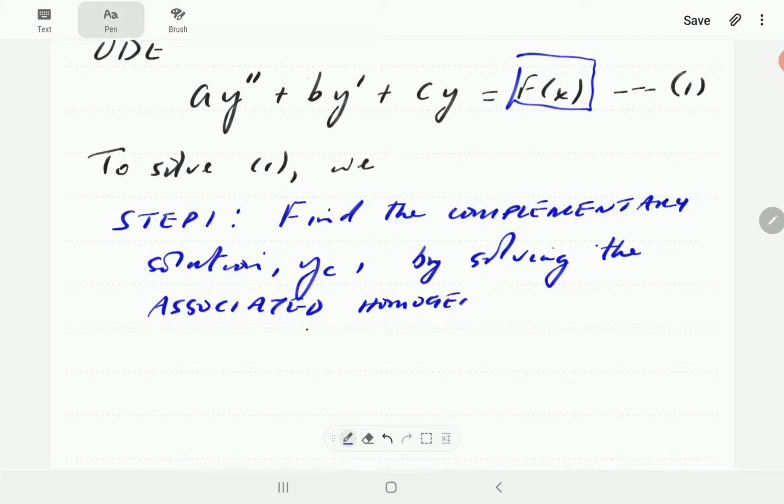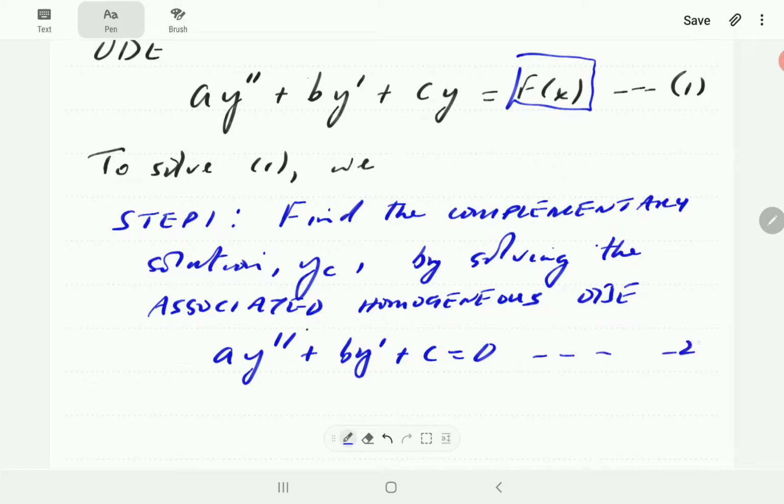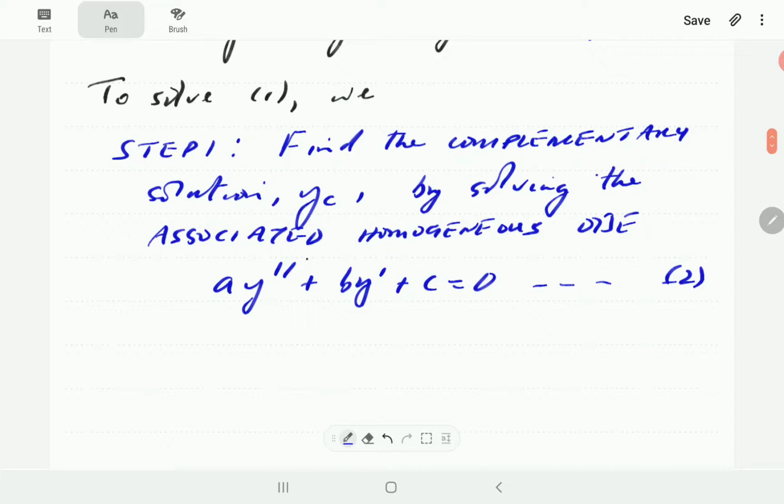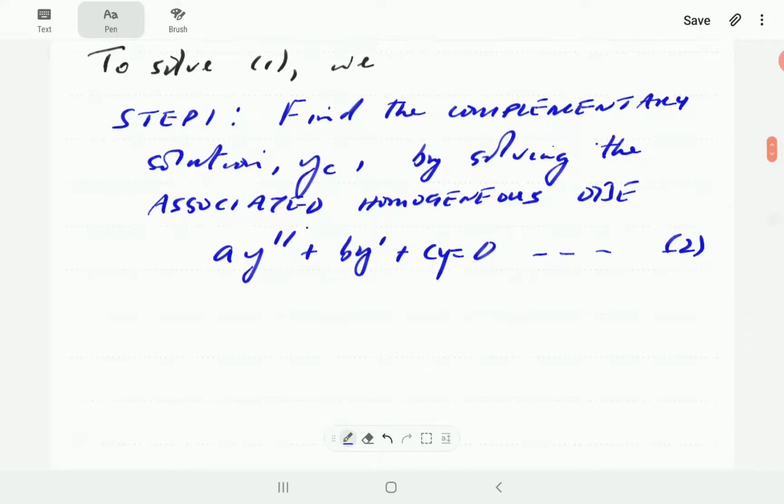Equation 1 is non-homogeneous, but there is an associated homogeneous ODE which we can obtain by simply letting f be 0 in equation 1. And so that's going to give us this. We have already mentioned that solving this type of equation we've already dealt with in several of our previous videos. So this is going to be step number 1.